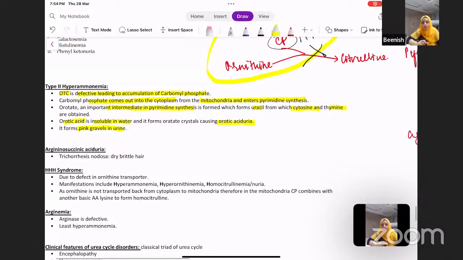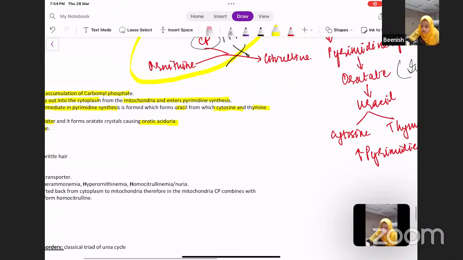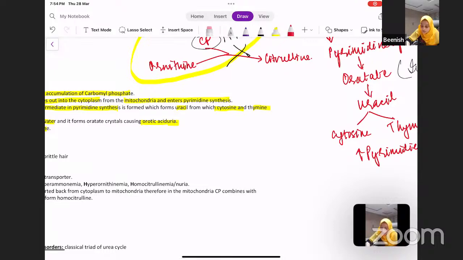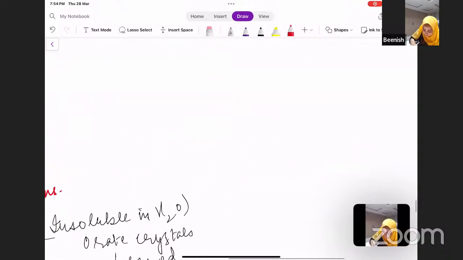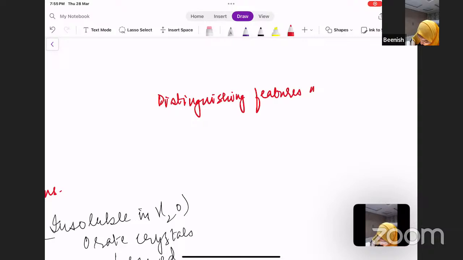So, what are the distinguishing features of hyperammonemia type 2? Firstly, what will you see? Orotic aciduria.